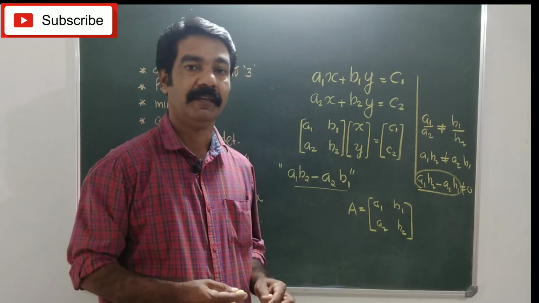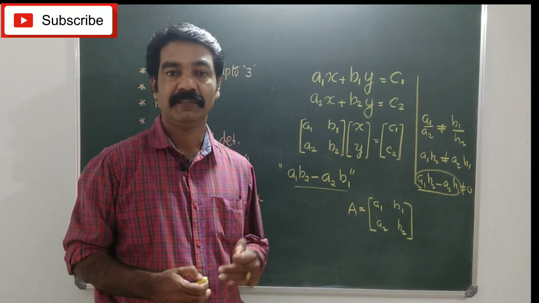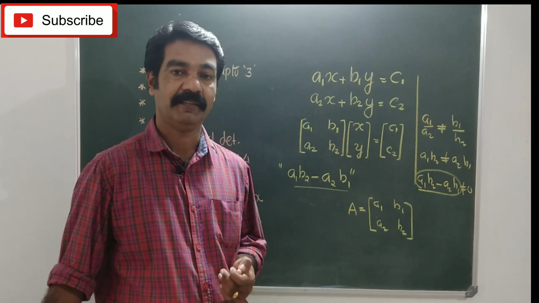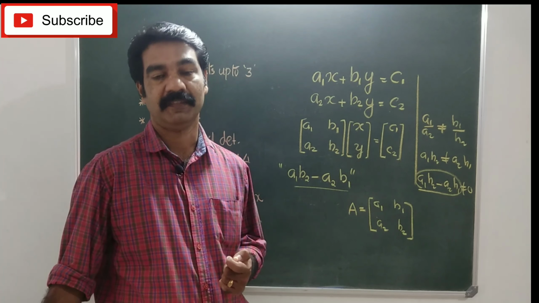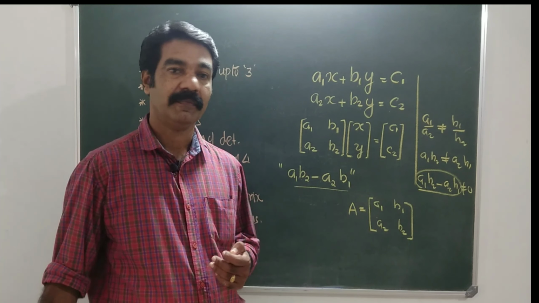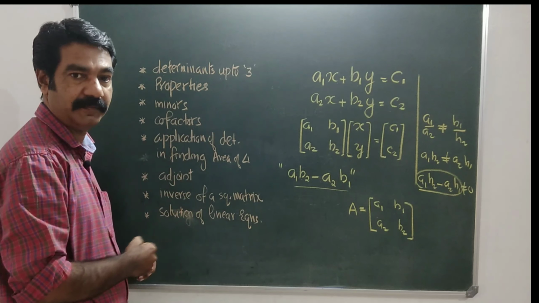In this chapter, we are discussing determinants. Determinants have wide applications, not only in maths, science, economics and social science. In this lesson, mainly we discuss determinants up to order 3.